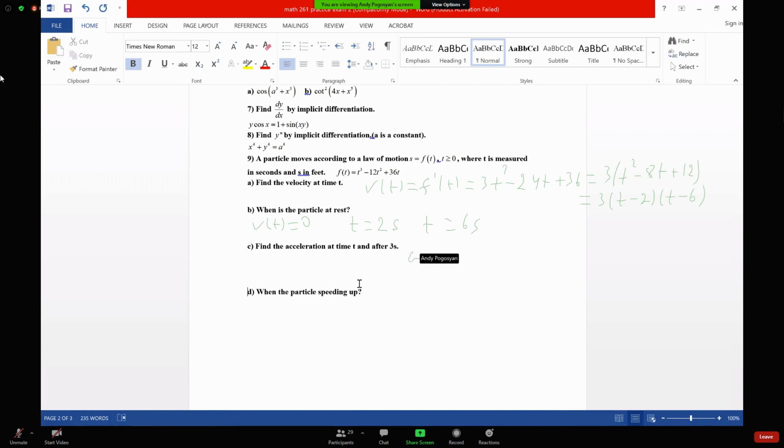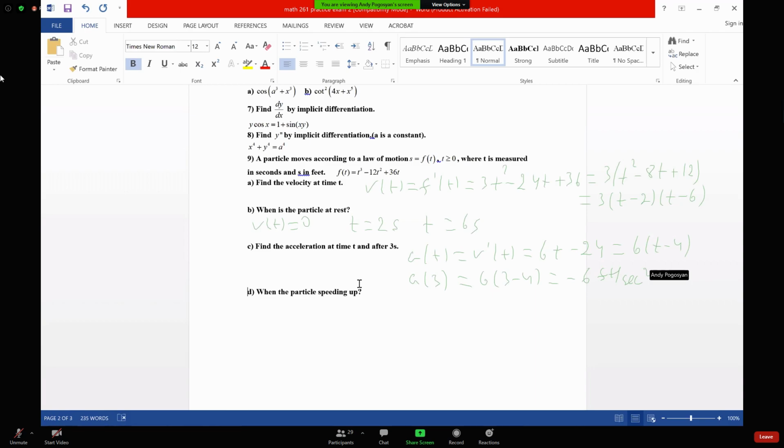So a(t) is v prime of t, which is 6t minus 24. Let's put it this way, 6 times t minus 4. Now, acceleration after 3 seconds would be 6 times 3 minus 4, which is negative 6. Okay, that will be feet per second squared.